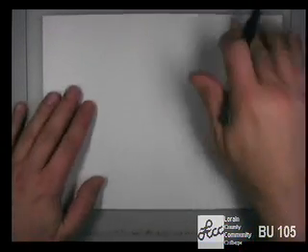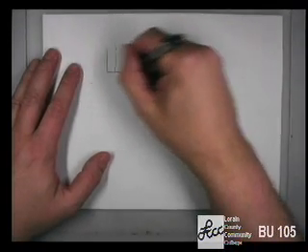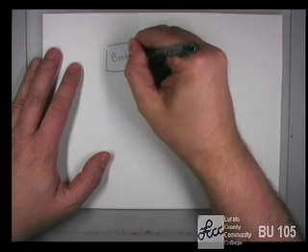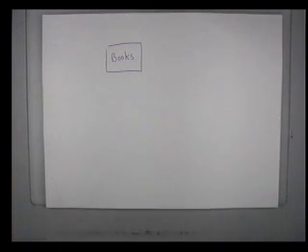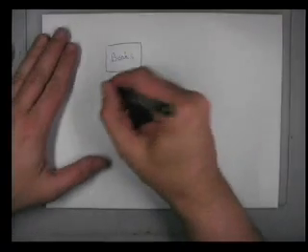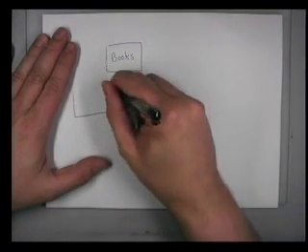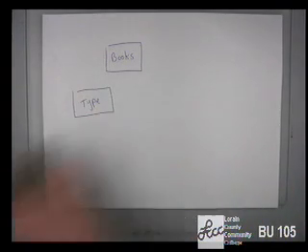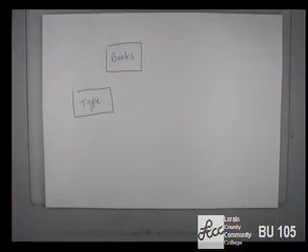All right. First entity are books. Second entity is the type of book, whether it be a new book, a used book, or an e-book.